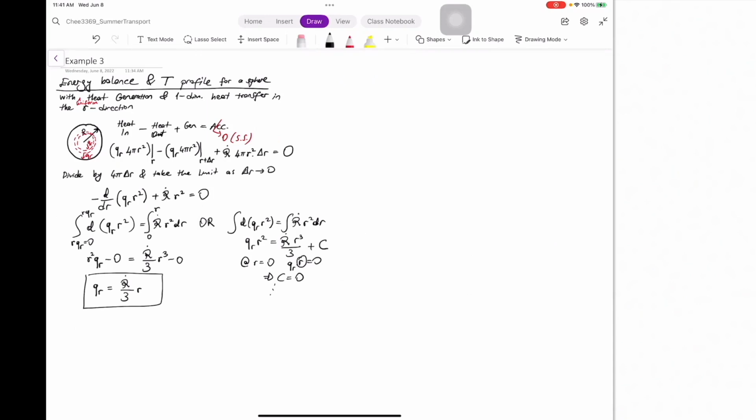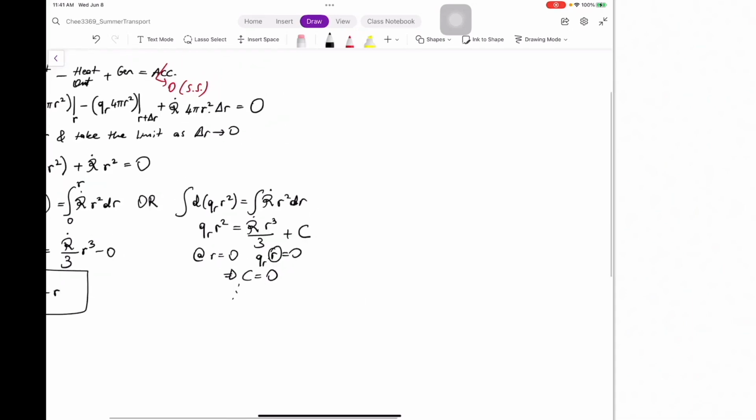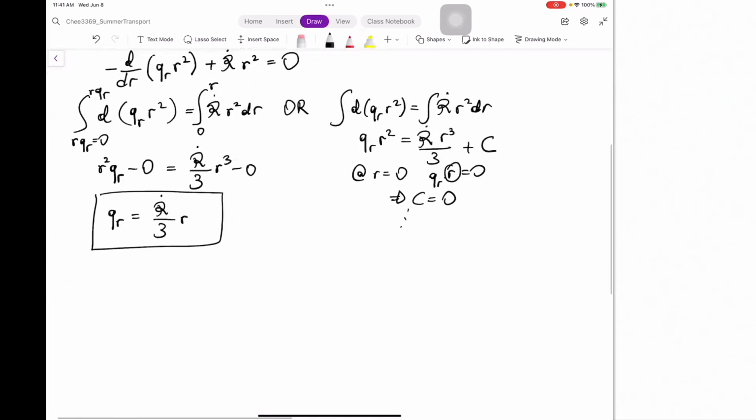Okay, so we have about 19 minutes. So that would be the flux as a function of radius, right? Okay, good. How about the temperature profile? We need Fourier's law.